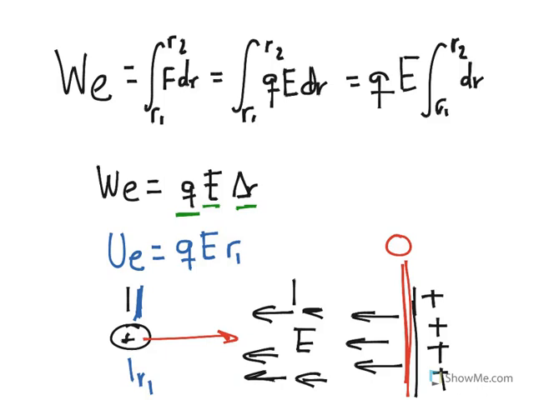If I define this as r1. So at the very end, the work and the electric work can also be given as a change in the potential electric energy. So this is the potential electric energy as well.